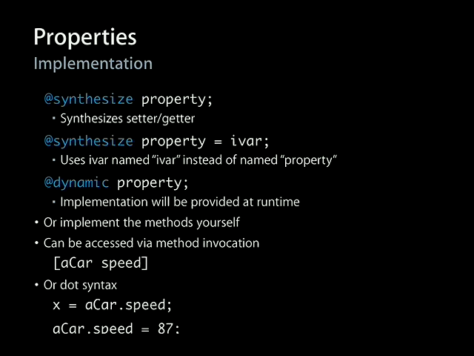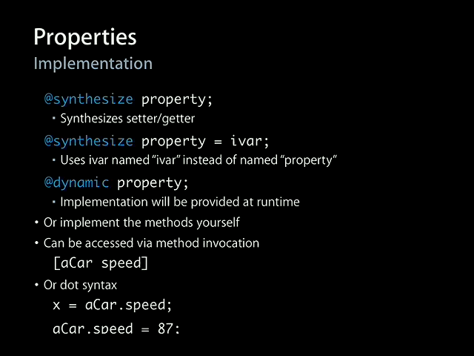So if you just say @synthesize going fast, and it was a straight property declaration, you're going to get going fast and set going fast as two method implementations that will work just like they were declared and implemented by you. You can also say that the method implementation should be synthesized to use an instance variable other than the same name as the property.